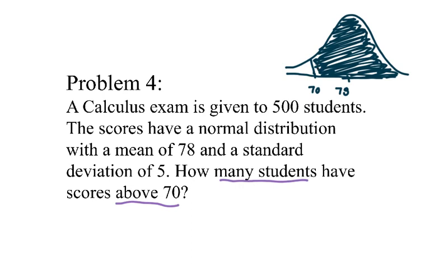And we're going to find out first the area or the probability, and then we'll multiply it by the 500. So our z-score would be 70 minus 78 over 5, which is negative 1.60.